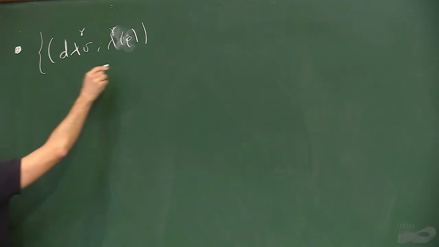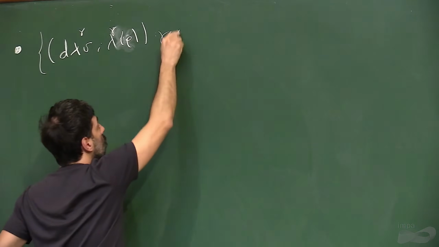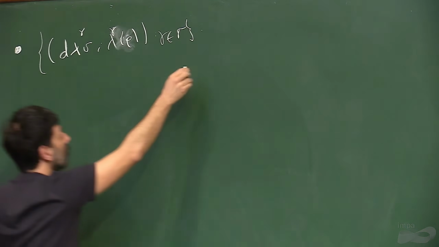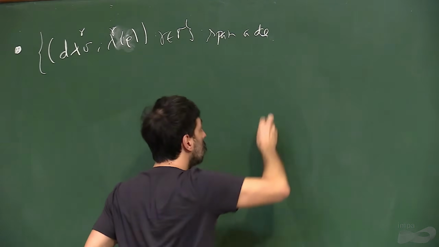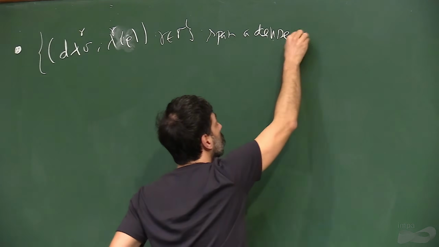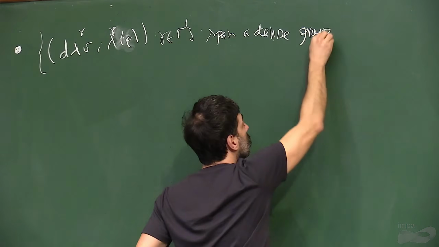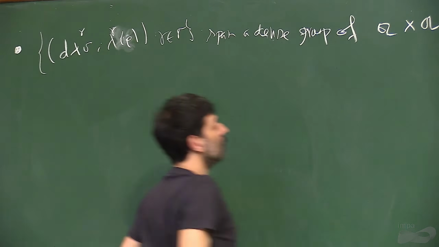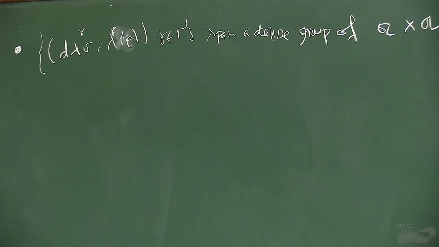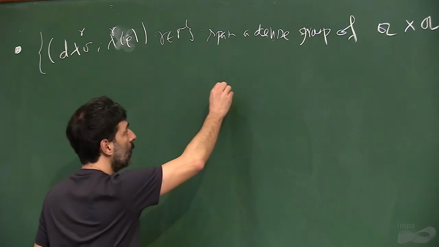All these guys span a dense group of A times A. So this is some sort of base point independence or something like that. Maybe just write the name.